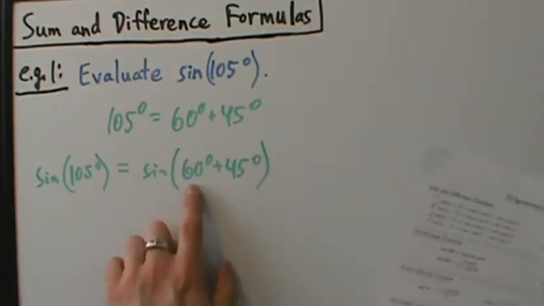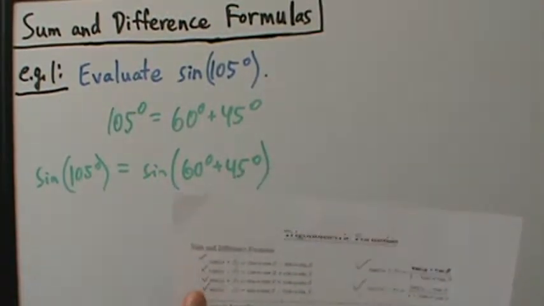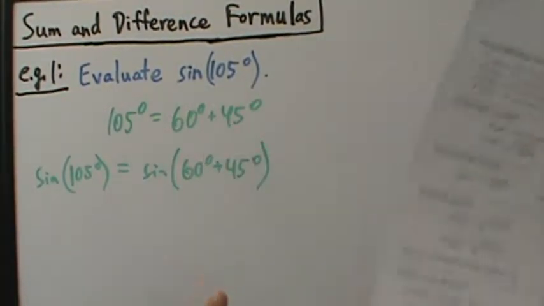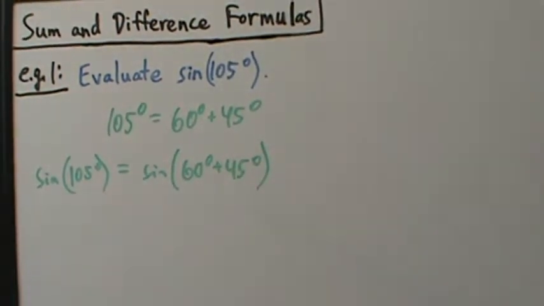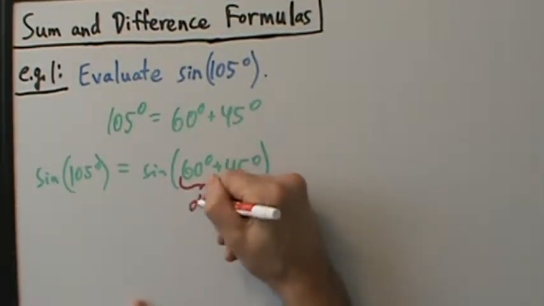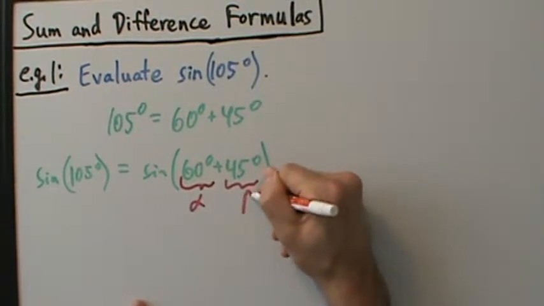So here is sine of one angle plus another angle. Using the formula on our sheet that we established in an earlier video, this is our angle alpha, and this right here is our angle beta.